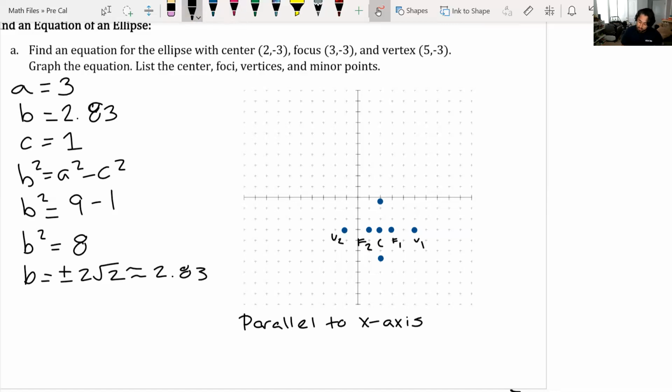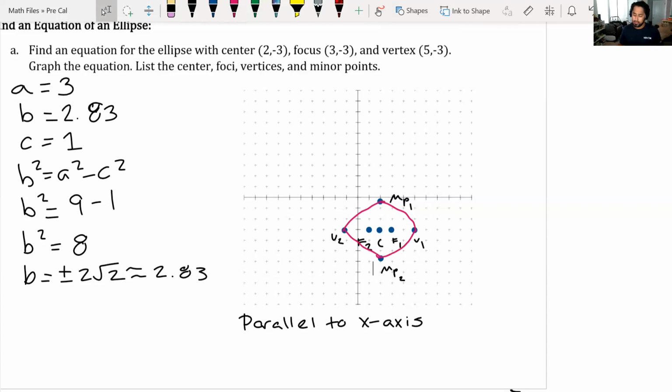Okay, and there's minor point 1, minor point 2. Now connect. Terrible. All right. Now we just fill in all the pieces.